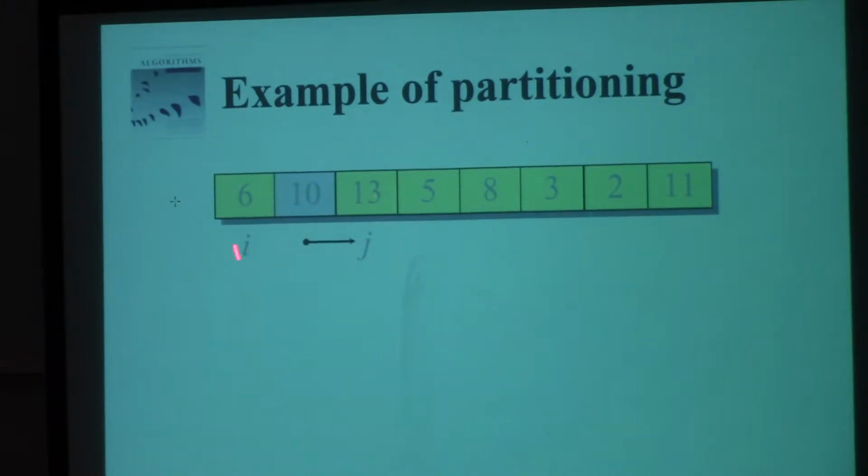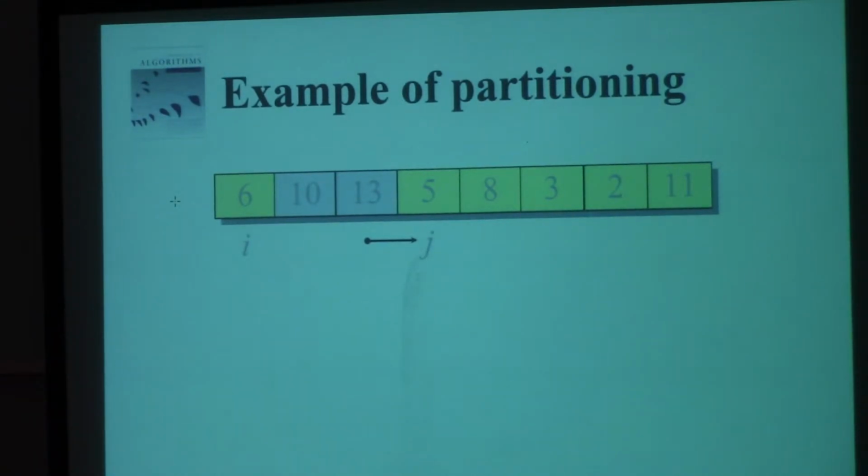13 is also bigger than the pivot, so guess what j is going to do? j is going to go forward. But 5 is not. So basically i is the edge of the less than or equal to. So therefore anything greater than i is going to be greater than. 10 is, 13 is, 5 isn't.